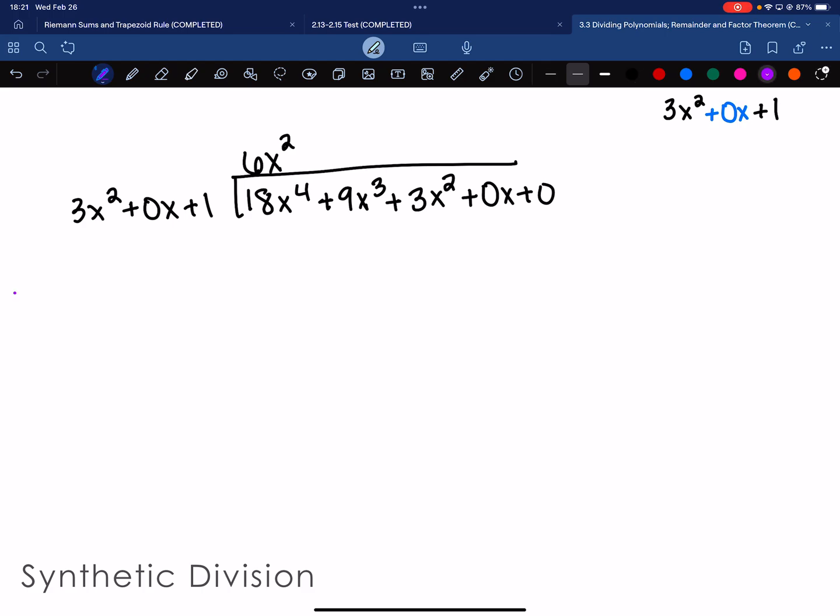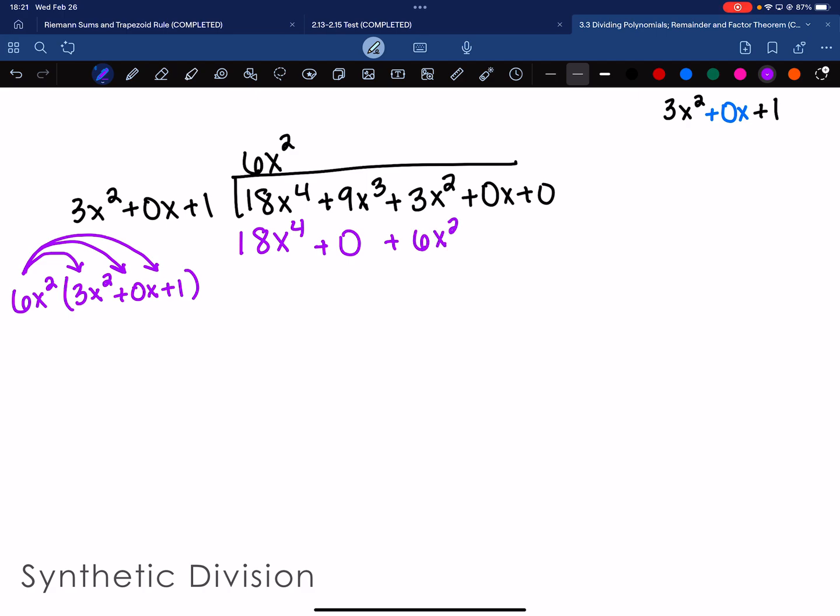So off to the side, we're going to multiply. 6x squared times 3x squared is 18x to the 4th. 6x squared times 0x is just 0. 6x squared times 1 is a 6x squared.